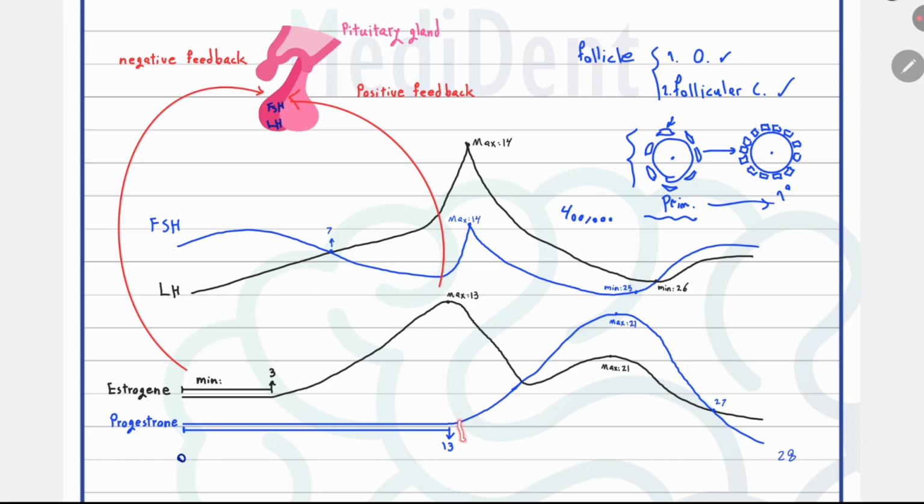In the second half of the period, for example from day 14 to 28, the effect of LH becomes more significant than FSH. In general, in the first half of the period, FSH plays the major role in the sexual characteristics that we will describe here.